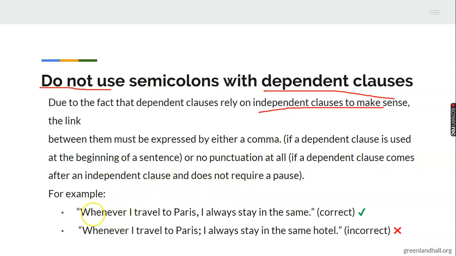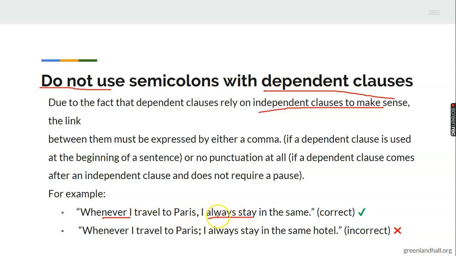Look at this example so that you understand what I'm saying. Whenever I travel to Paris, I always stay in the same hotel. Now, the two clauses here, we have a dependent clause here and an independent clause here. Okay? They are both together.